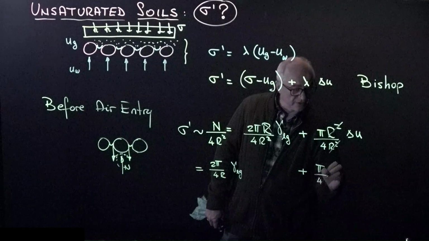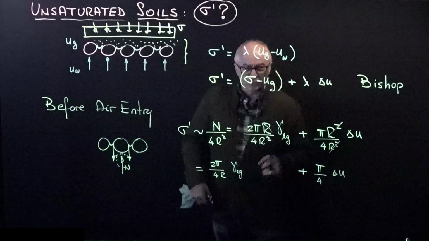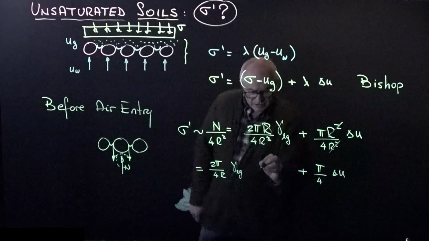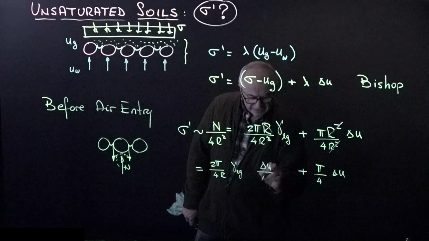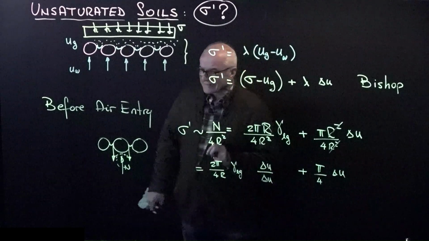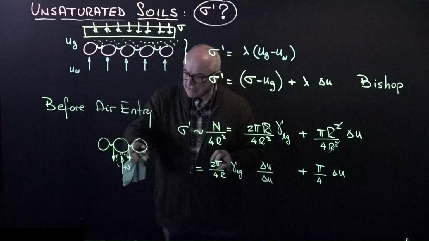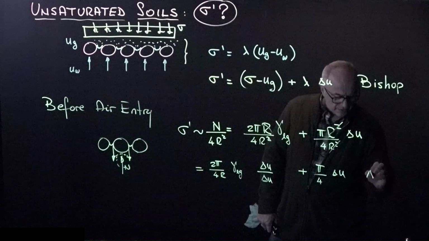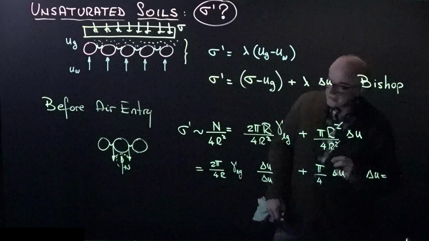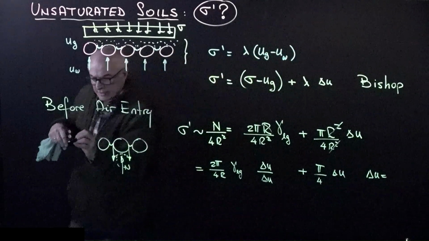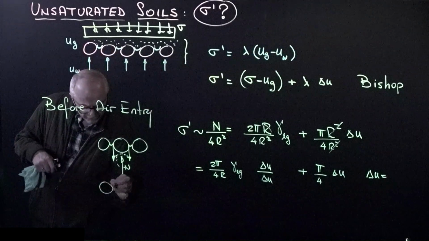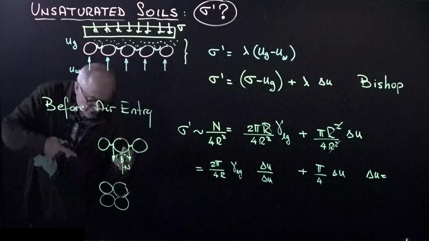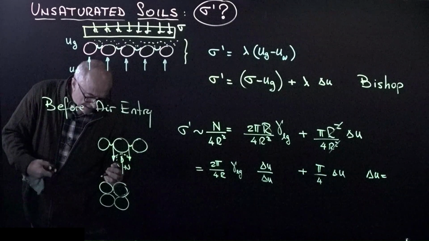over 4 delta u. Now, to bring everything into the context of delta u in the form of Bishop's equation, let's multiply here by delta u over delta u, and the difference in pressure, the capillary pressure between the air and the water, which is delta u according to Laplace. Imagine that you look at this simple cubic packing from the top, at this pore that is going to create the depression for the capillary film, the interfacial film.